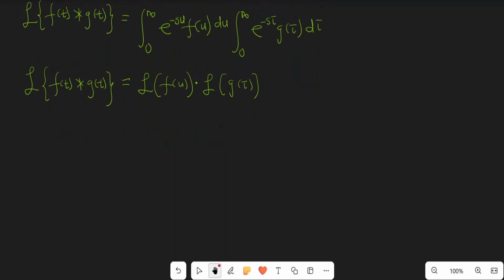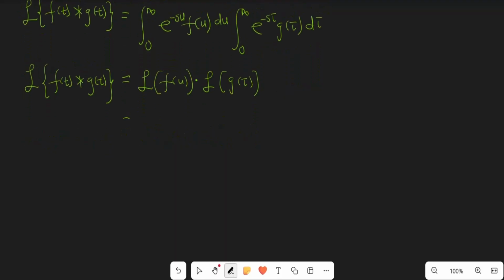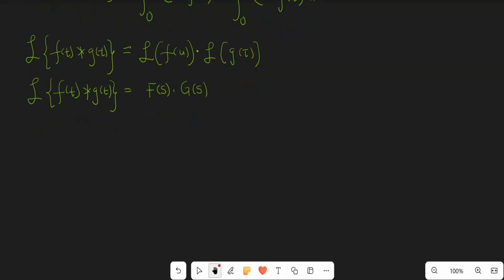So now the Laplace transform of f of u, right? This one is capital F of s. The Laplace variable here is s, times this one, the Laplace transform of g of tau, is capital G of s. And this is the Laplace transform of f of t convoluted with g of t. Cool.